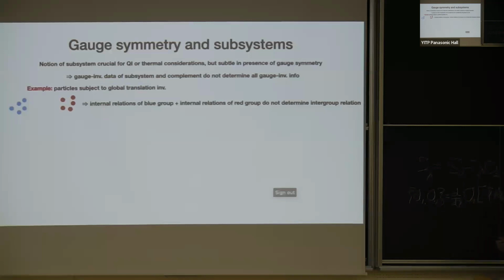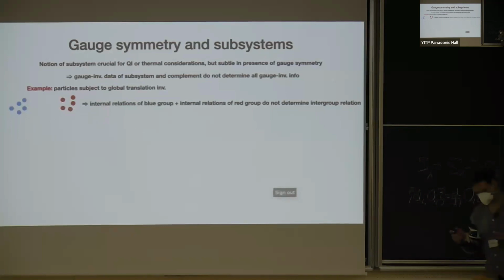Now, there are challenges to doing this when you have gauge transformations. One thing to note is that when you look at a region and the gauge invariant data in that region, plus the gauge invariant data in its complement, together that doesn't actually encompass all the gauge invariant data in your theory. That's very simple to see if you have groups of particles subject to translation invariance.